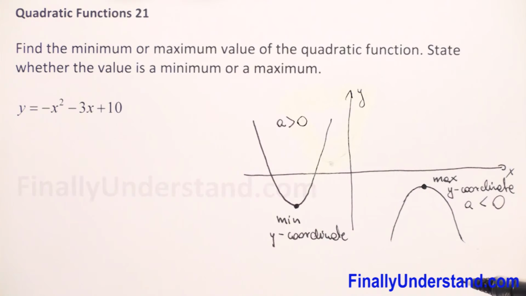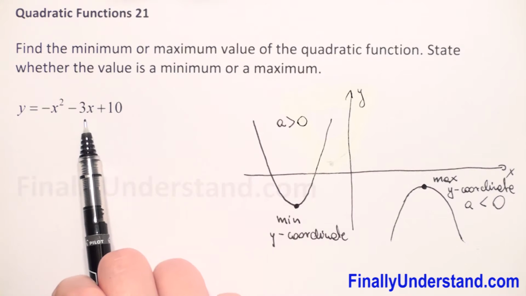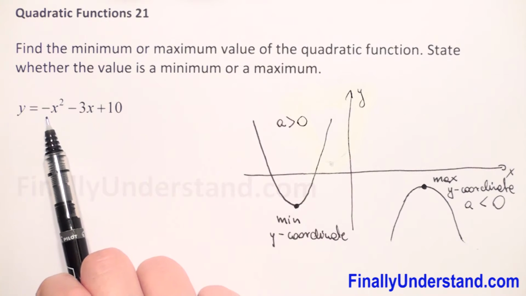So now when we have to find the minimum or maximum and we are given a quadratic function, first we always check the coefficient before x squared.